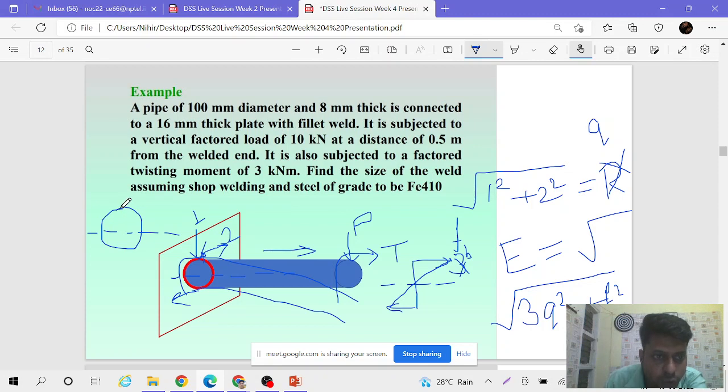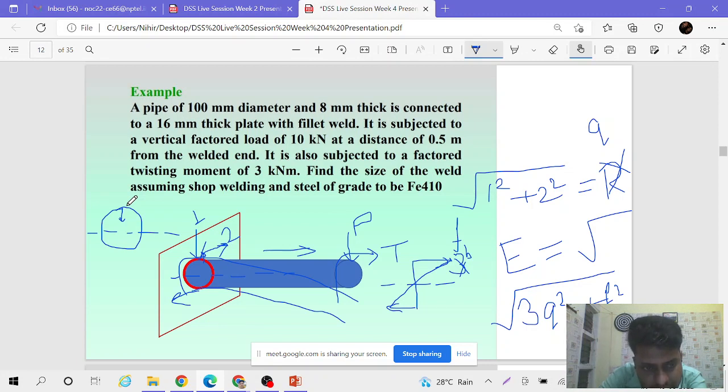At each and every point, due to this direct load P, it will experience a downward shear stress. Fa will be downward, but the sign of the Q2 will be different at each and every point. So the maximum resultant stress will be Fa plus Q2.